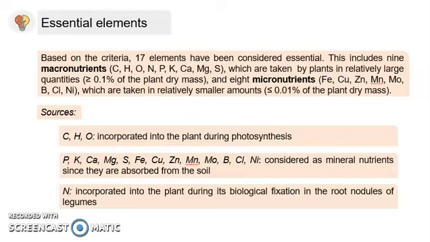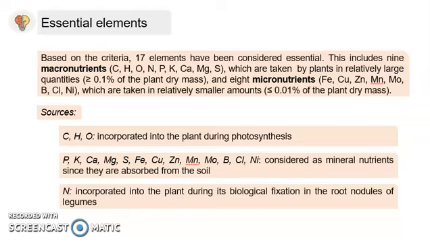Based on the criteria, there are 17 elements that have been considered essential. This includes 9 macronutrients and 8 micronutrients. Before enumerating the macro and micronutrients, let's first be familiar with what it means when we say macronutrients and micronutrients.